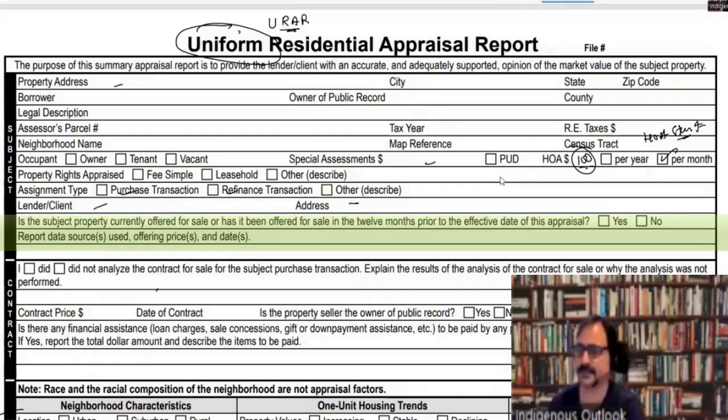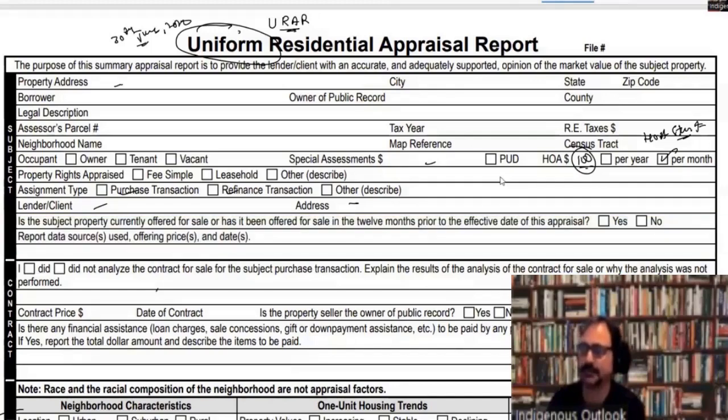Now next is: is the subject property currently offered for sale, or has it been offered for sale in the 12 months prior to the effective date of this appraisal, yes or no? So let's say this appraisal is being prepared or was concluded on the 30th of June, 2022.